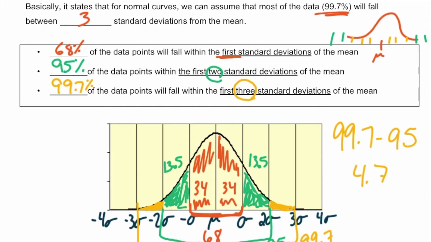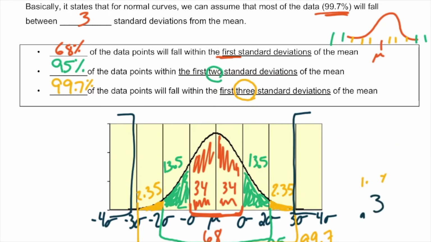So if I divide that by 2, then each of these is going to be 2.35%. Now, because we have only 99.7% represented here, everything below that third standard deviation below and everything above this third standard deviation above in total is going to be 0.3% of the data.